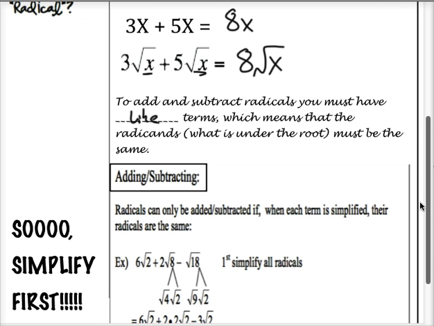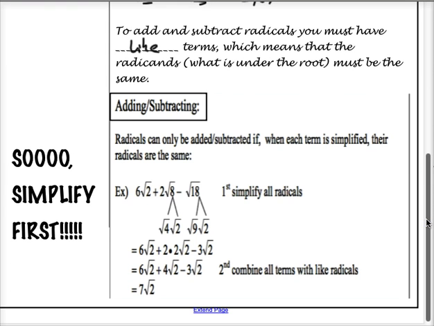Now, the important thing to know is sometimes you need to simplify first. So look at this example here. You have 3 radicals, and all of them appear to be different. However, once you simplify each radical, you pull out the perfect square from each radical. Now notice what happened.